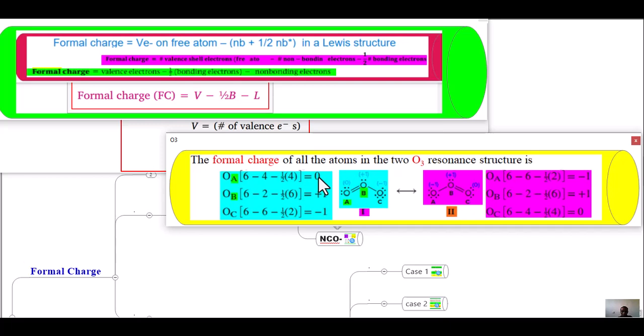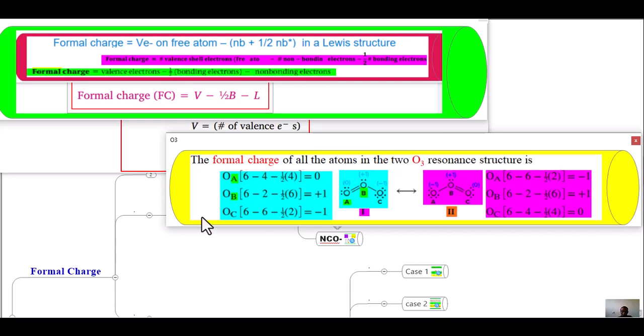Then the formal charge for oxygen at B: 6 valence electrons minus the number of non-bonding electrons at B, which is 2, minus half of the number of bonding electrons. We have 3 bonding pairs, totally 6 electrons, which is equal to plus 1.